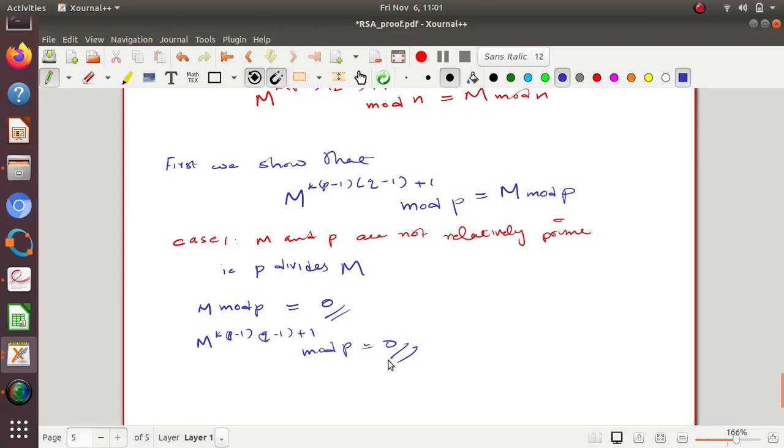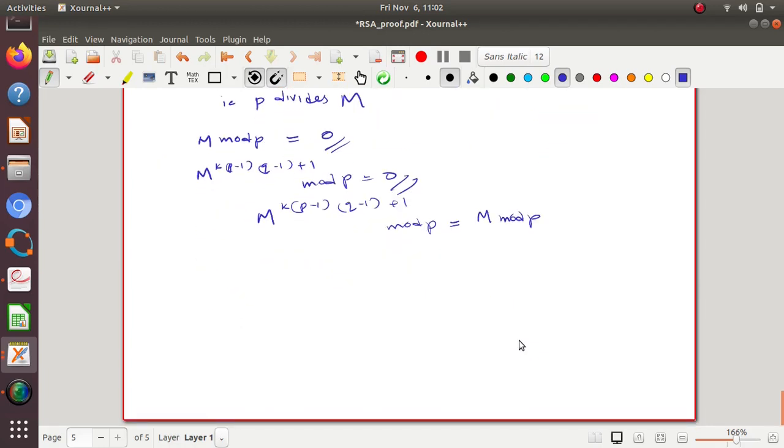So we can equate m to the power k(p minus 1)(q minus 1) plus 1 mod p is equal to m mod p. That is satisfied.